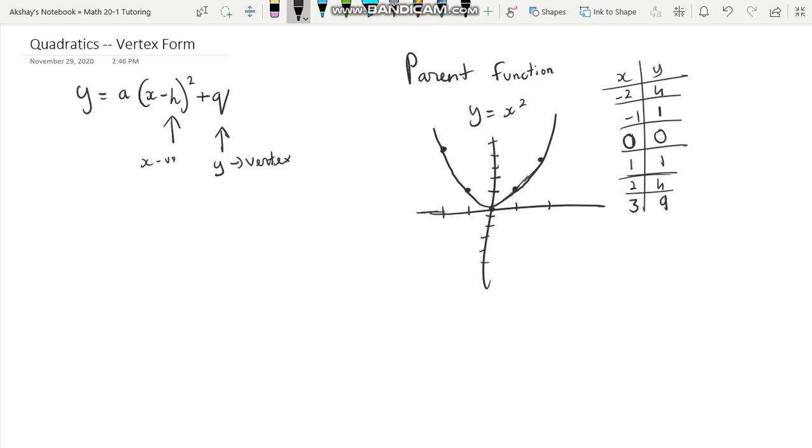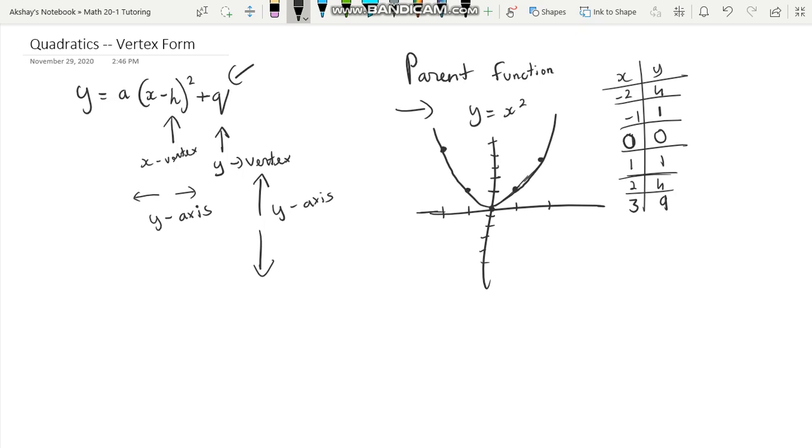The q is also our translation of our graph from y is equal to x squared, moving up or down along our y-axis. And our h would be movement right or left along our x-axis, from our parent function.